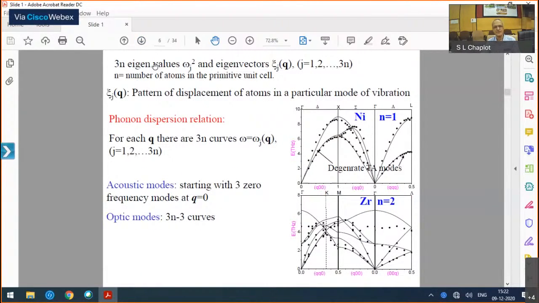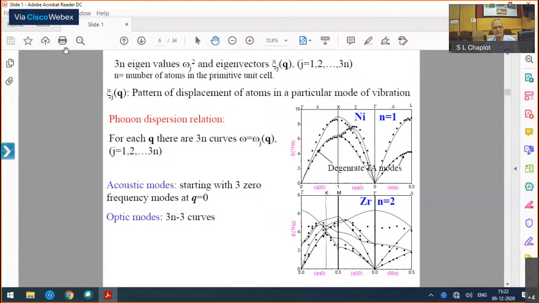So one has 3n eigenvalues and 3n eigenvectors, n being the number of atoms in the primitive cell. You can say that 3n is the number of degrees of freedom for the atomic vibrations in the primitive cell, and corresponding to the 3n degrees of freedom, you have 3n eigenvalues and 3n eigenvectors.